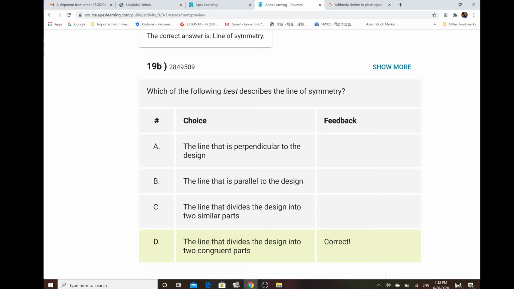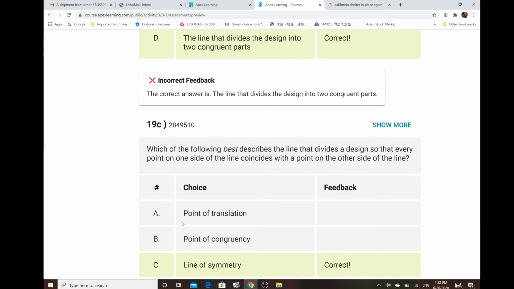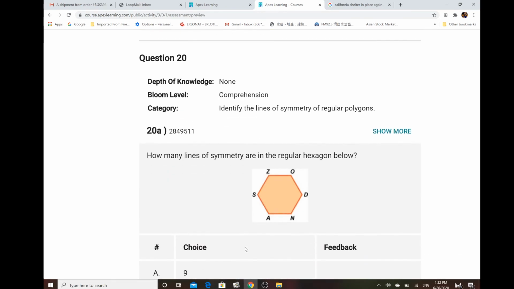Let's say that you're sitting right in front of a mirror. The mirror would be the line of symmetry. And which of the following best describes the line that divides the design so that every point on one side of the line coincides with a point on the other side of the line of symmetry?